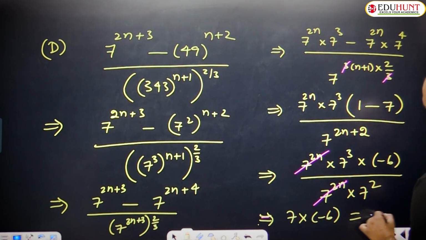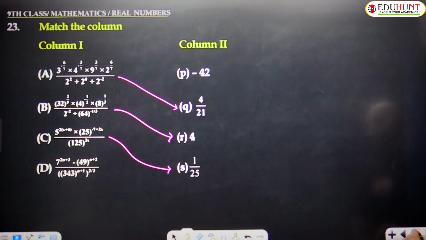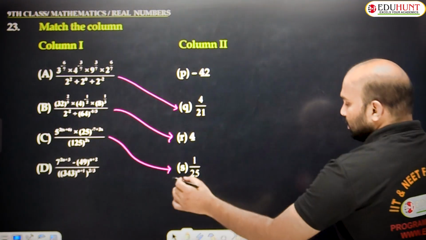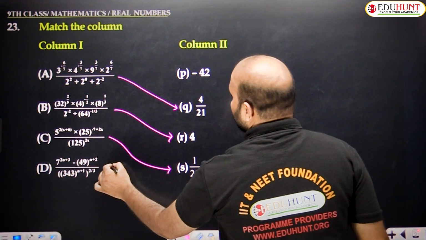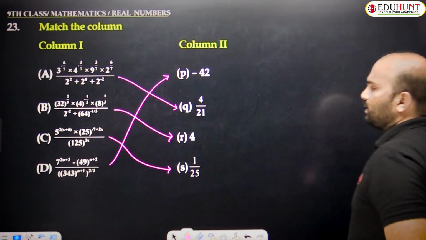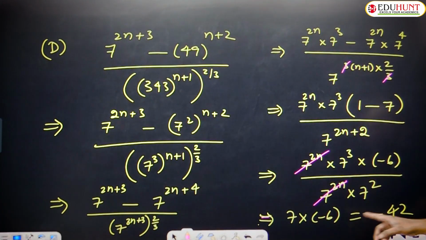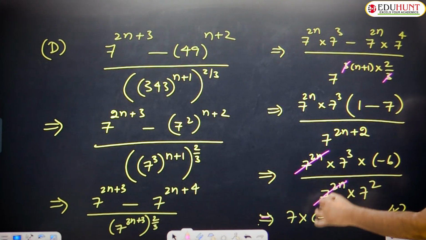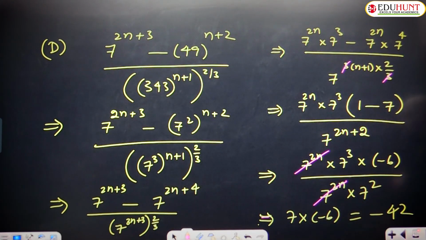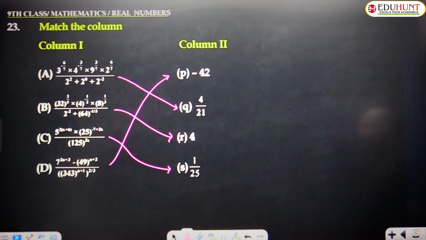So it is equal to minus 42. Am I clear? So option column D matches with P, minus 42. At the last step, 7 cube and 7 square, 7 square cancels, only 7 is left, into minus 6, minus 42. So it is a correct matching.